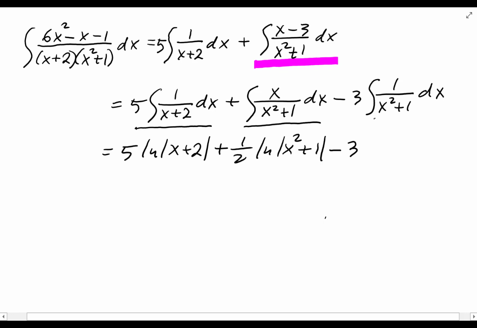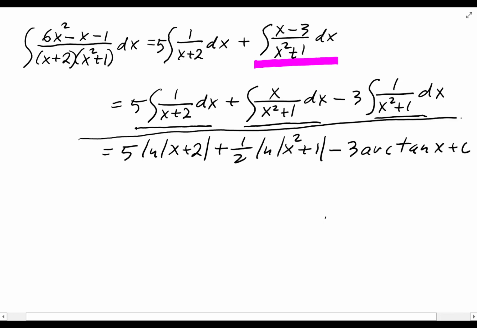Now this third integral, you can do this using trig substitution if you want, but you could also recognize that that is the arctangent of x. So we get that one for free. And we're done. There's our final answer.